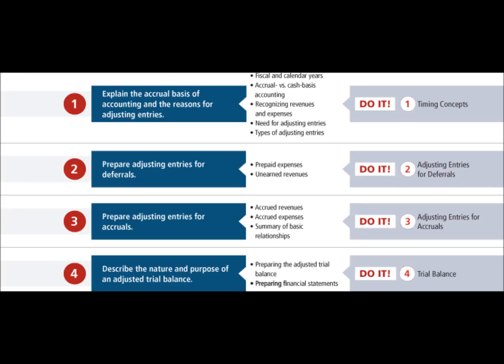Now, as of January 31st, what happened? I used up 1/6, right? What is 1/6 of 1,200? Yes, 200. So what would my journal entry be? Debit insurance expense, right?